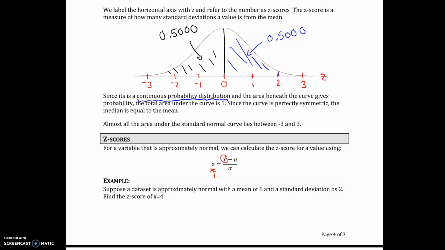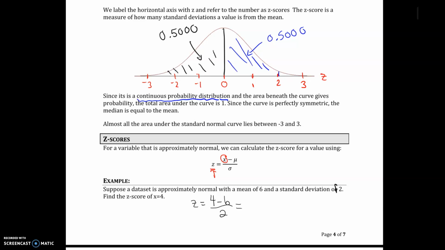So if a data set is approximately normal, it means that it basically follows the standard normal distribution, has a mean value of 6 and a standard deviation of 2. What's the Z score for a value of 4? Plugging into our formula, we have 4 minus our mean, which is 6, all over 2.